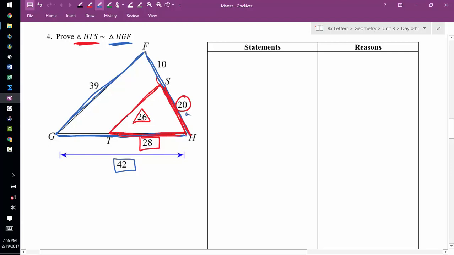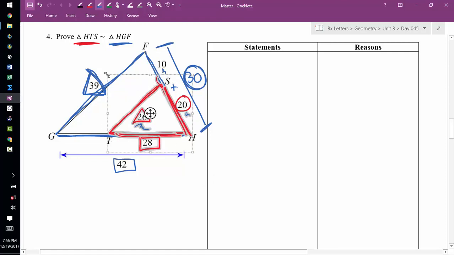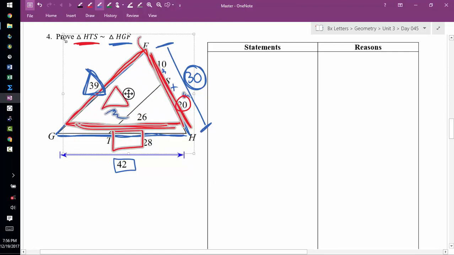That 20 is going to compare to this entire side, right, from F to H, which is 10 plus 20, which is 30. And then this base here, well, that's going to correspond to the other base, right? As we saw when we kind of stretched it out, those things land on top.